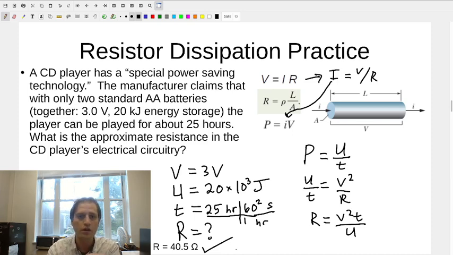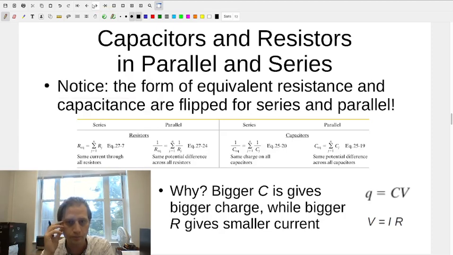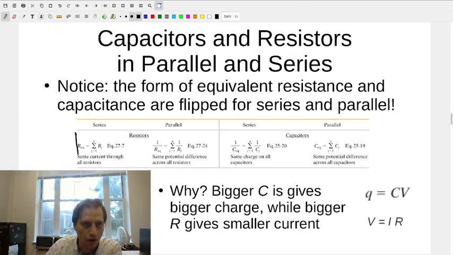So no real tricky math in that one, but it is kind of hard to weave your way through all of the concepts. Now, something I would want to point out to you is the equation for our resistors in series.